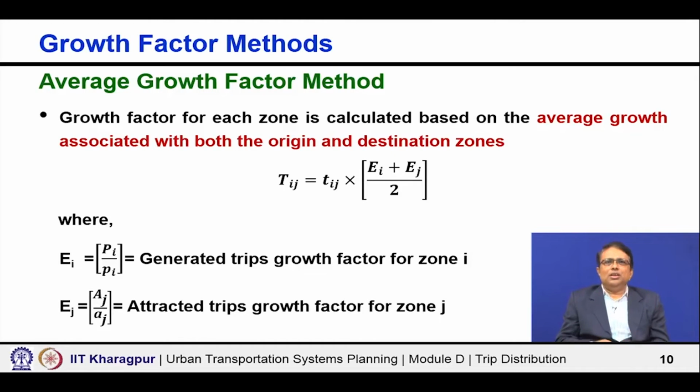So that way it is better and much more logical than the uniform growth factor method. So we have said here what is Ei: capital Pi by small pi, that means expected productions in zone I in the future, the row total, divided by the present row total, small pi. Similarly, growth of zone J, Aj: attraction of zone J in the future divided by the present attraction of zone J, that is small aj.